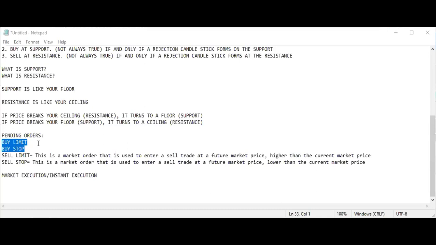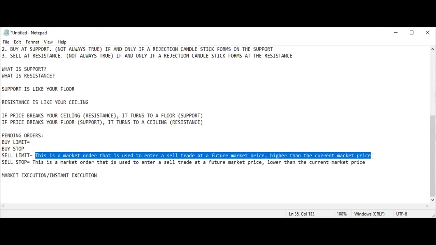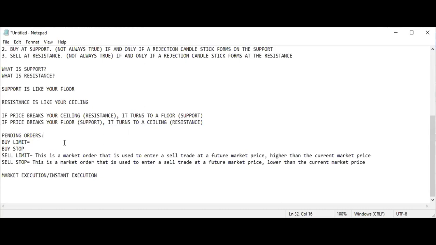So, what is buy limit? For buy limit, you just go over to sell limit and copy everything about sell limit. Control C, you copy and paste.